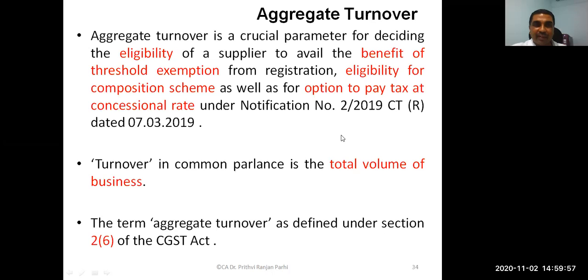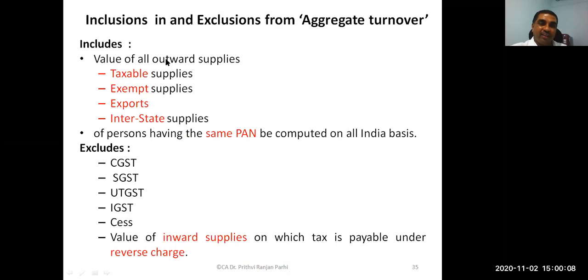The concept of aggregate turnover is defined in section 2(6) of the CGST Act, which we have also learned earlier. Aggregate turnover includes the value of all taxable supplies, exempt supplies, export supplies, and interstate supplies of a person having the same PAN, and it excludes CGST, SGST, UTGST, IGST, cess, and the value of inward supplies on which tax is payable under reverse charge mechanism.